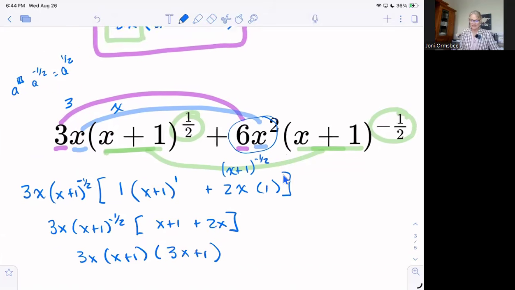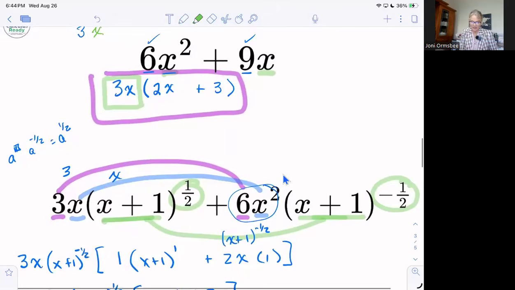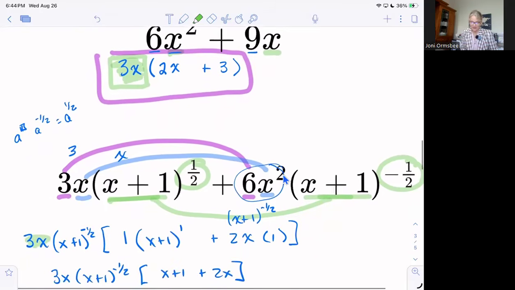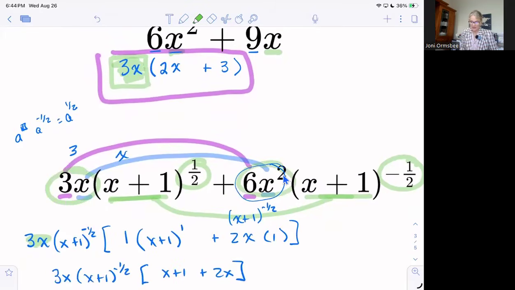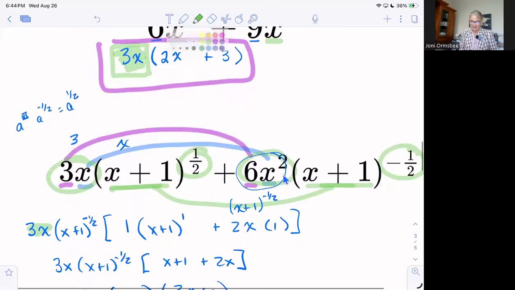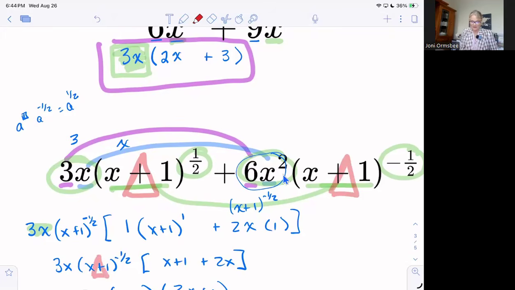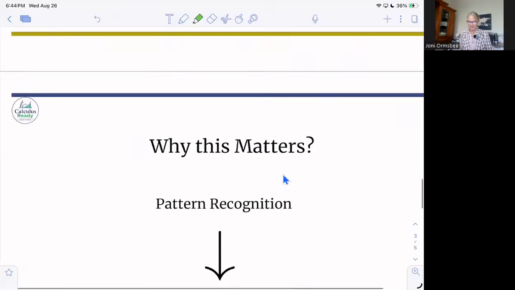But the key is that the pattern that we had up here, we factored out that very same thing actually. We factored out a 3x from these two terms, and then we looked at the x plus 1 and we factored that out. All right, well, that was all based on patterns. And so why does that matter?